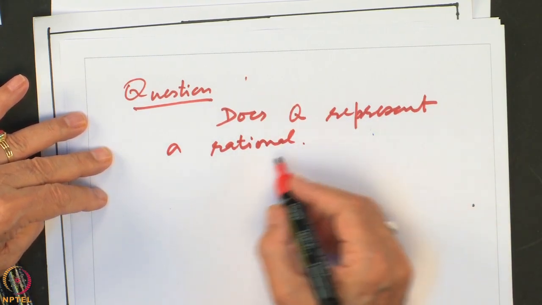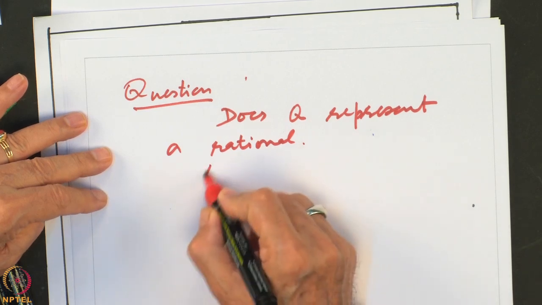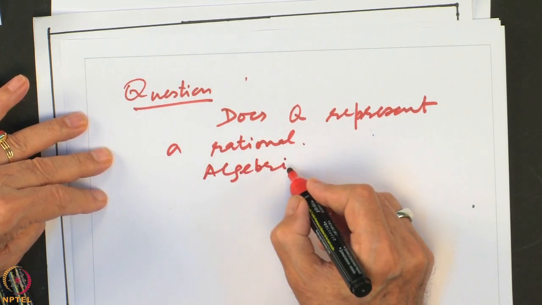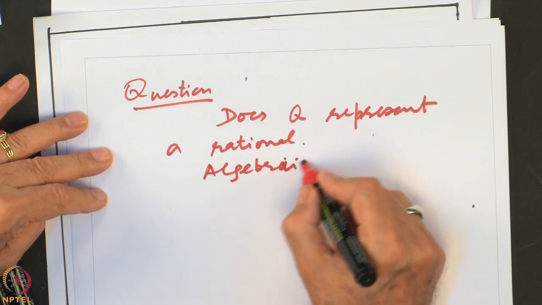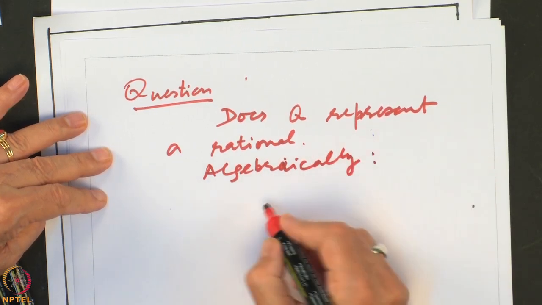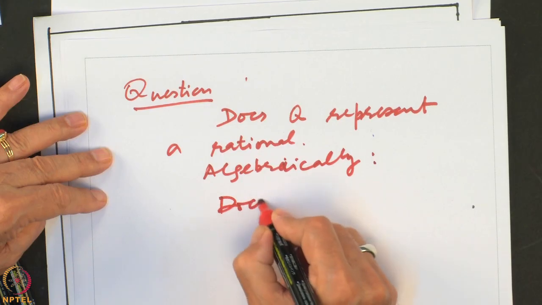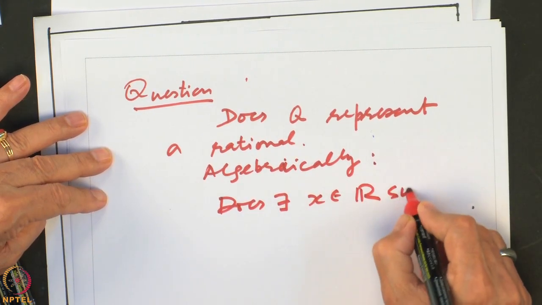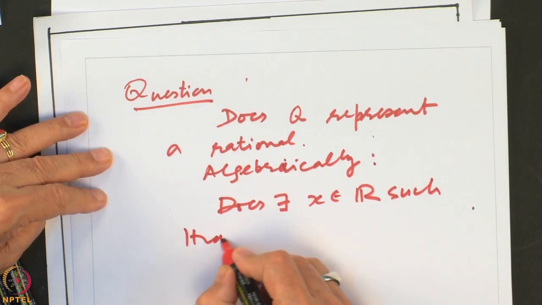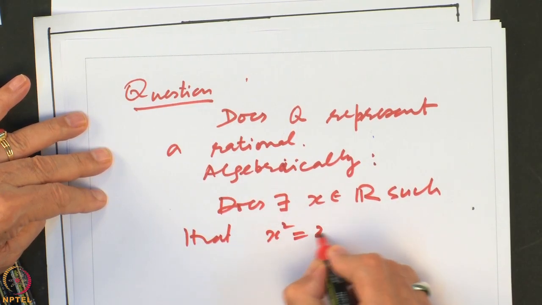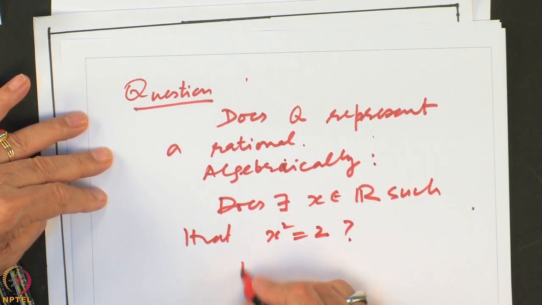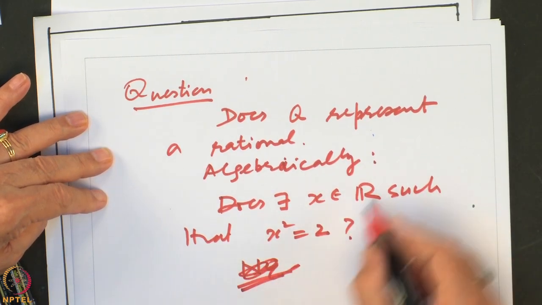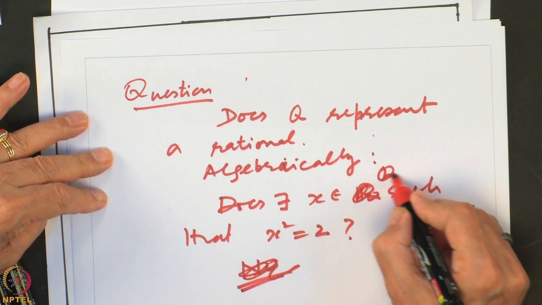Geometrically this means, analytically, algebraically, this means, does there exist a number x belonging to Q such that x squared is equal to 2?